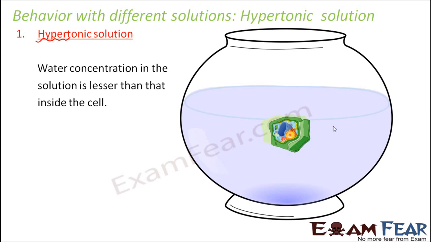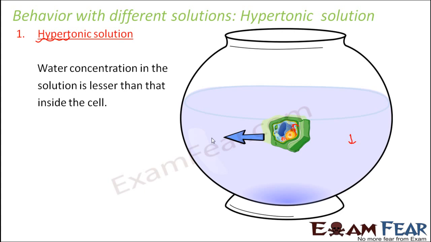The water concentration is less here and the water concentration is more here. So what will happen? By the process of diffusion or osmosis, whatever you call it, water will start flowing from the cell into the solution. So the water will start to come out of the cell.